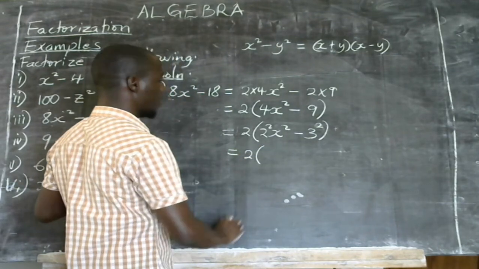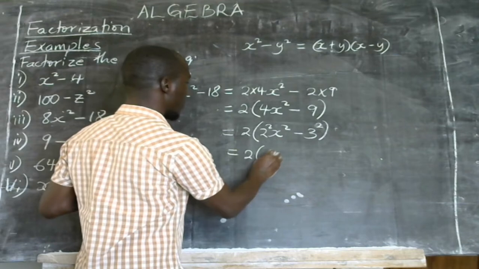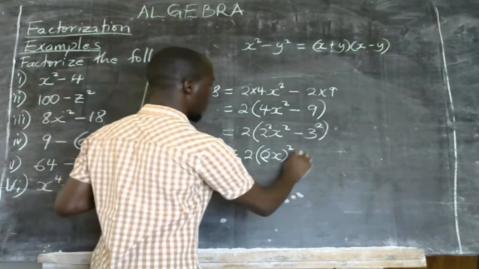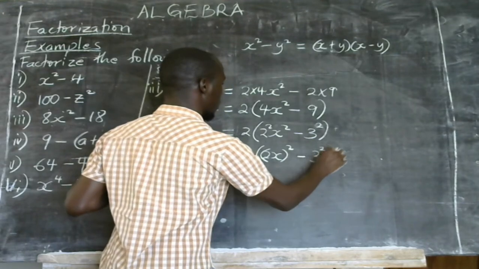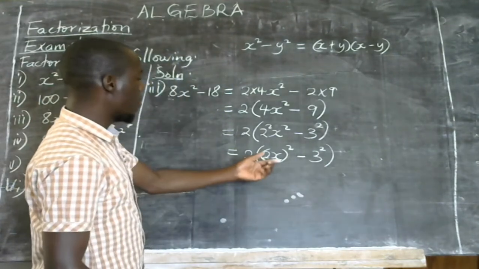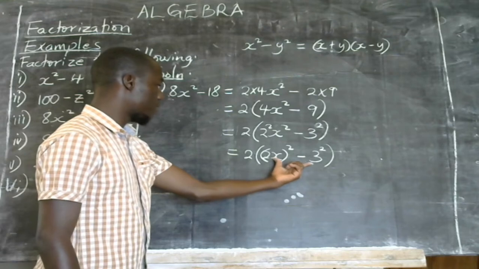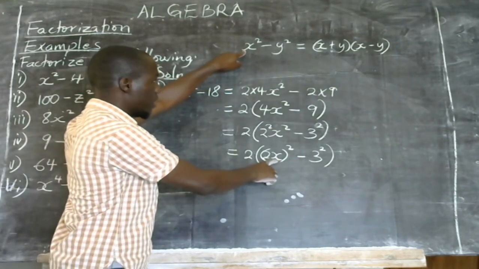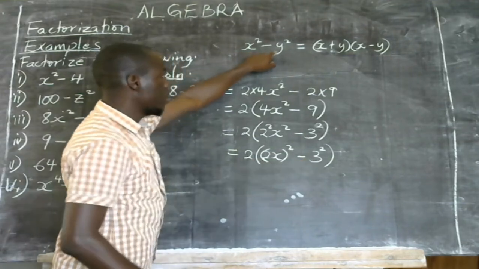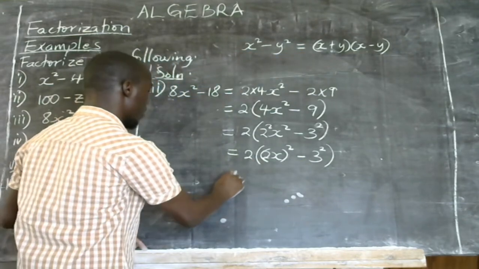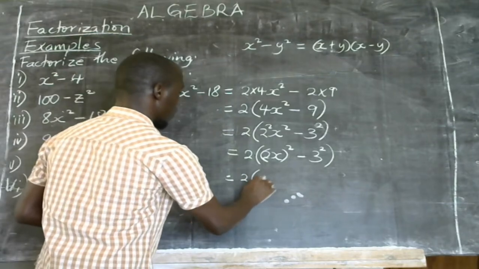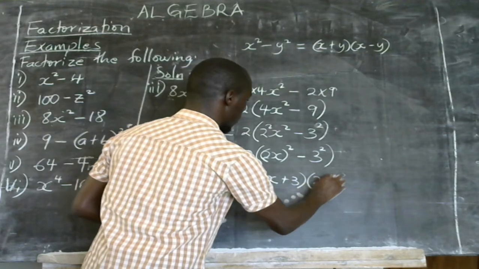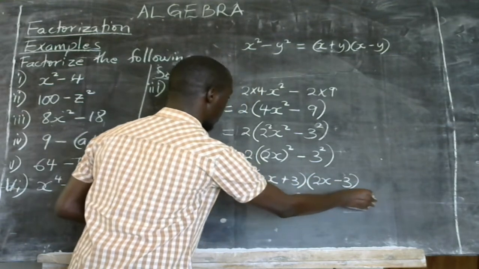Laws of indices allow me to write this as 2x, and then I put the power outside, then minus the 3 squared. Now I'm having my difference of 2 squares, and the x here is the 2x, then the y is the 3, then I write the other one. So this is 2 into 2x plus 3, then another bracket, 2x minus 3.